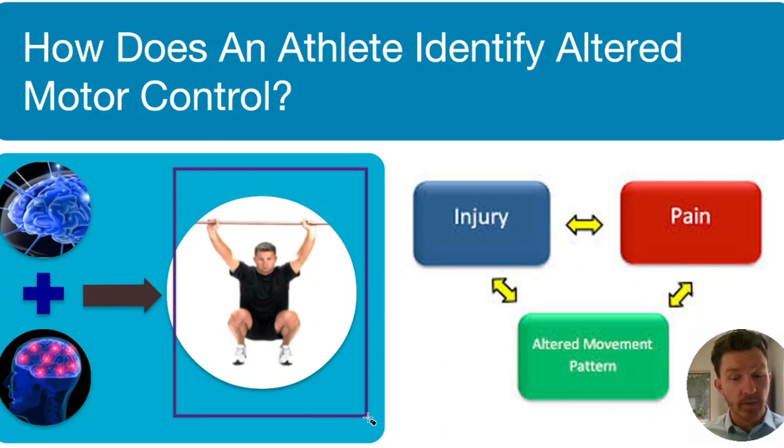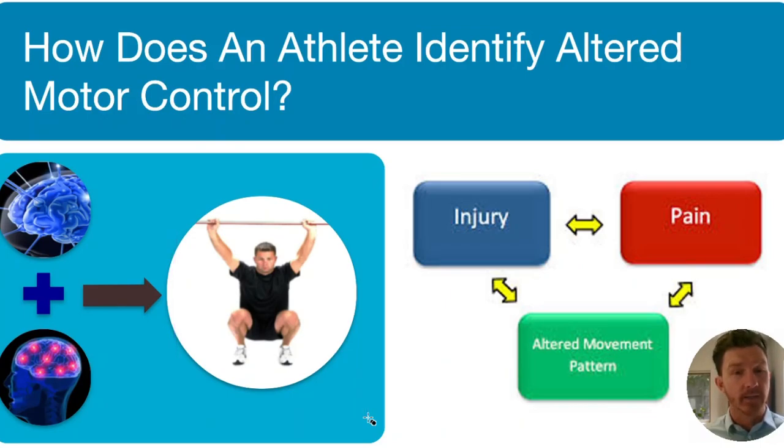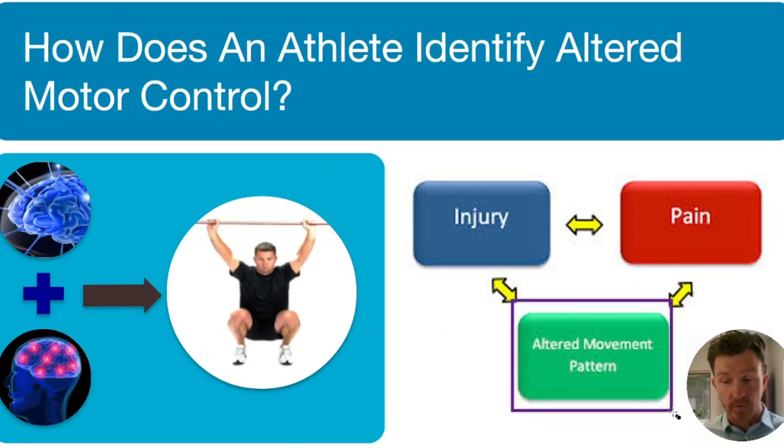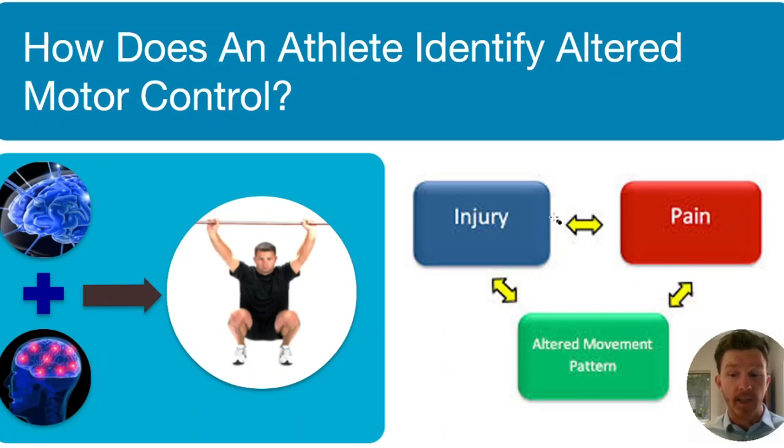That's really the essence of SFMA: creating a system where the output can be assessed so that we can identify if there is an altered motor control pattern. The reason that's important is that if there is an altered movement pattern, it's highly likely that there's some sort of pain, though not always.